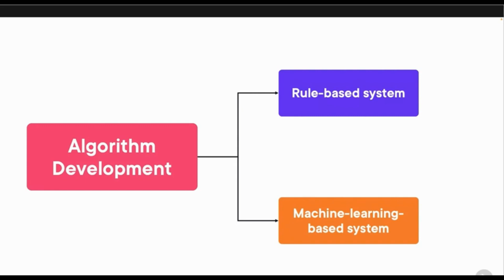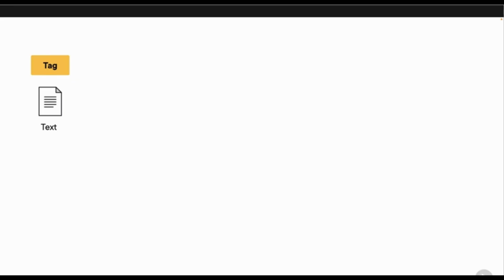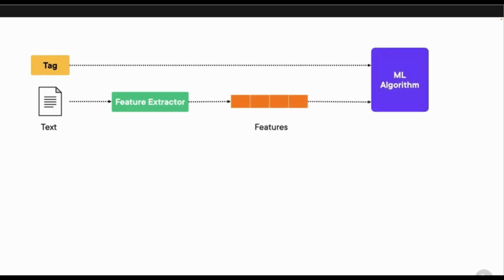Let's look at a simple example of text classification using machine learning. We have some text in a document, and we also have a tag associated with that text to indicate whether the text is positive, negative, or neutral. We run it through a feature extractor, which gives us the features which are then fed into a machine learning model along with the tags.